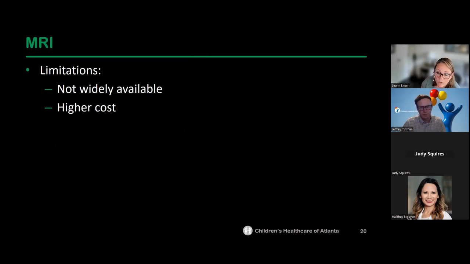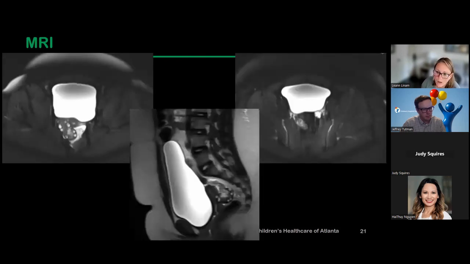We could do MRI, but MRI is not widely available, and it does have higher cost. I know there are several centers doing a lot of work on MRI of ovarian torsion, and especially I've read a lot of work from, or seen a lot of presentations from Cincinnati, but not everywhere has scanners that they use for emergency patients.